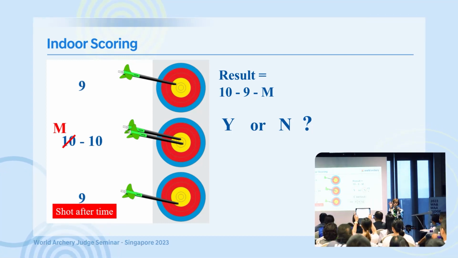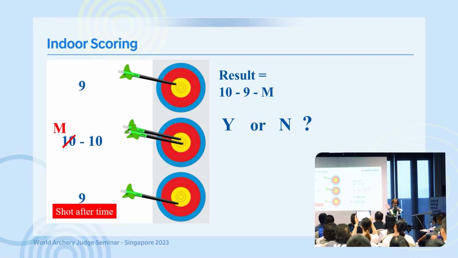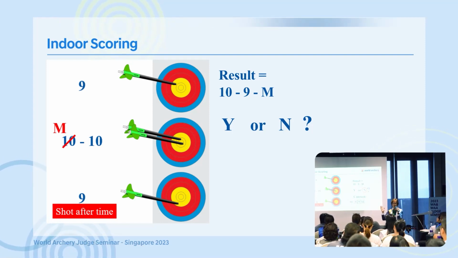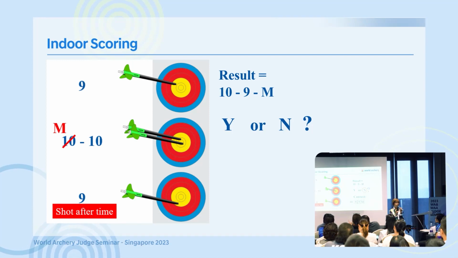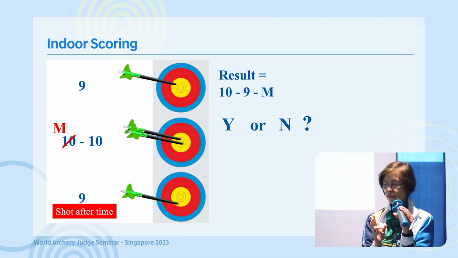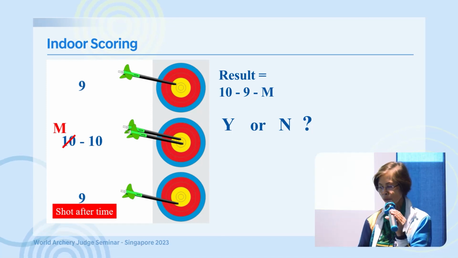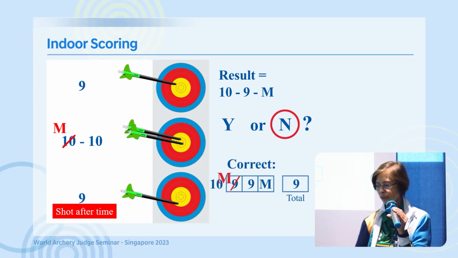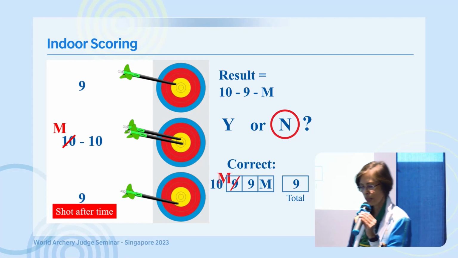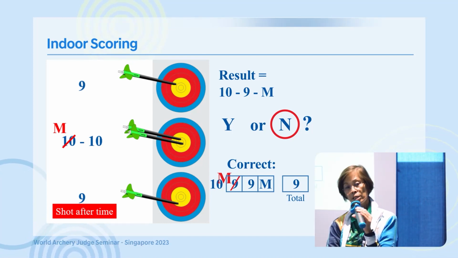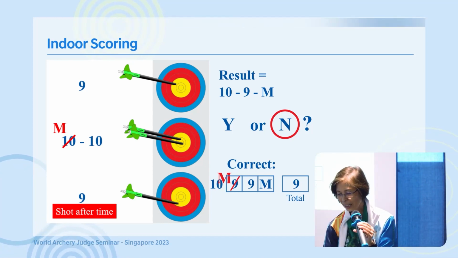You have four arrows, more than three, so you get the lowest three. And then one arrow was shot after time, so you remove the highest scoring arrow. Poor guy, his score is only 9. But that's his fault.